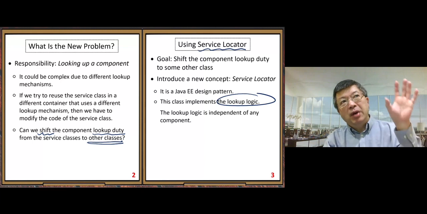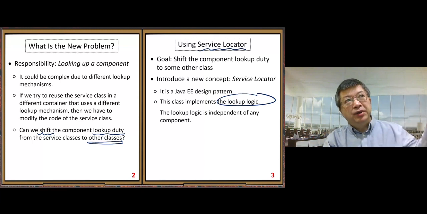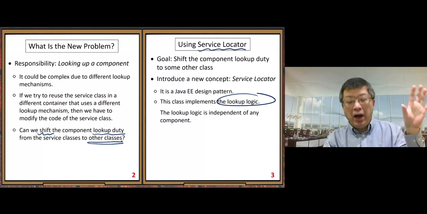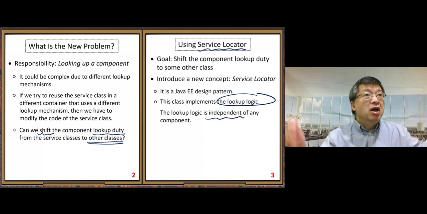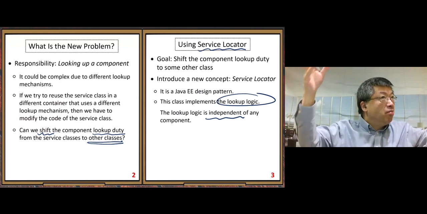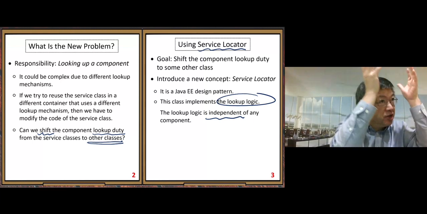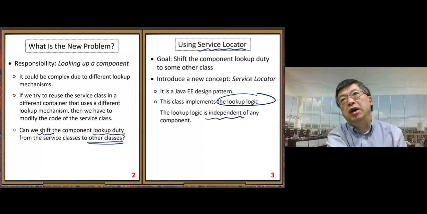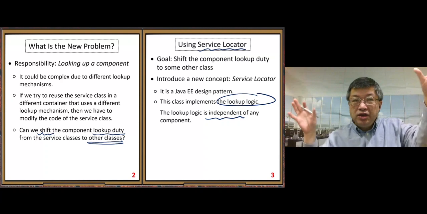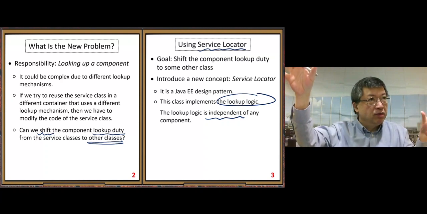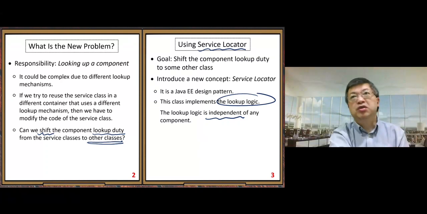Do not make the lookup logic related to any special component. Why? The reason is very simple. Many different components may need to use the same lookup logic, right? Yes, it's possible. Several different components can use the same lookup logic for the same resource. So you need to make it independent.